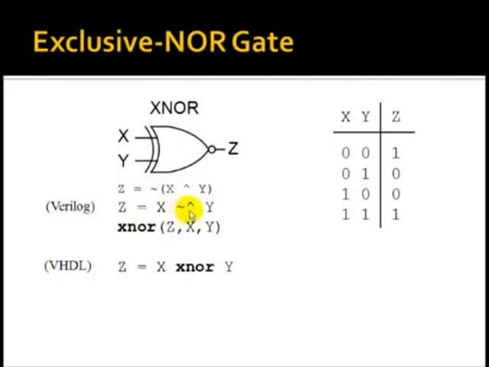Or Verilog also has this funny looking symbol that has both a tilde and a hat to indicate exclusive NOR. And there's a function XNOR with output z and inputs x and y. In VHDL again, you have to type out the entire word XNOR.